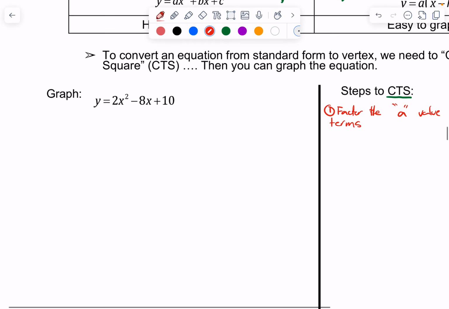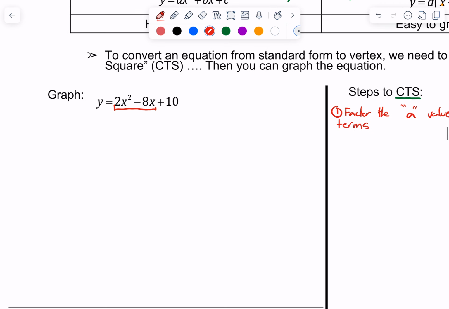The first two terms are these ones right here. So you factor the a value out. This would become y equals, factoring the a means pulling a 2 out, and that will leave you with x squared minus 4x, close the bracket, and then plus 10.